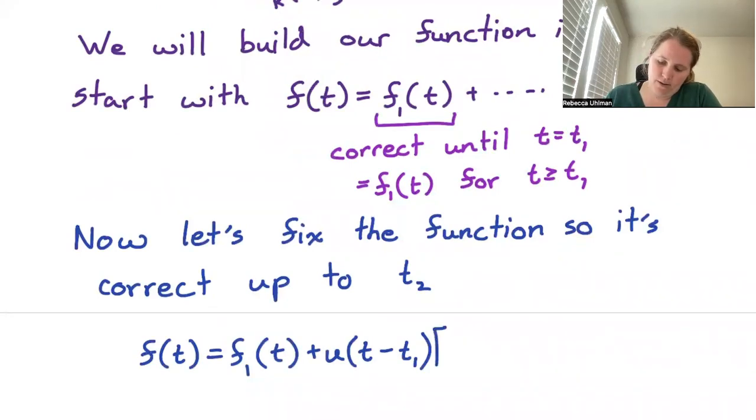And then from here, we need to get rid of what was already there. So currently the function looks like f1 of t. We don't want f1 of t, so we'll do a negative f1 of t. That'll get us to 0. And now we can add in what we do want, f2 of t.